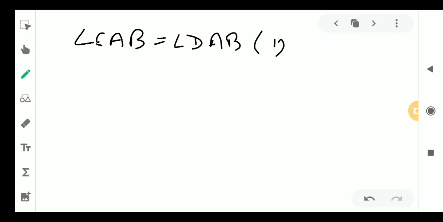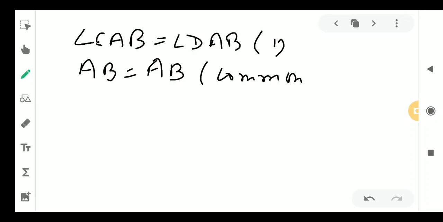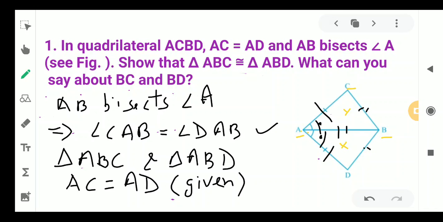Second, we can write angle CAB equals angle DAB by the first condition, and AB equals AB. This is common here. So what we are watching, that side angle side, SAS.